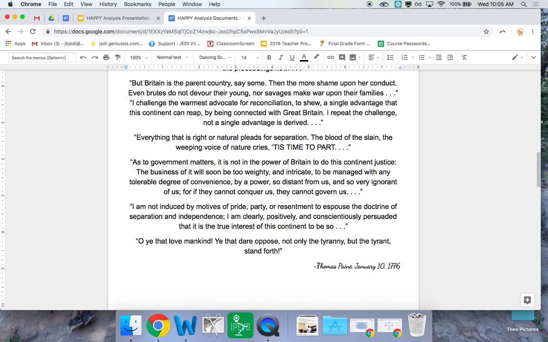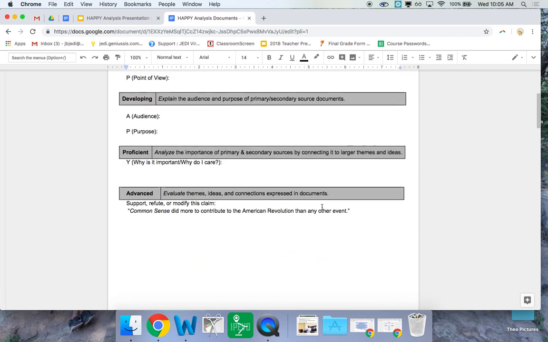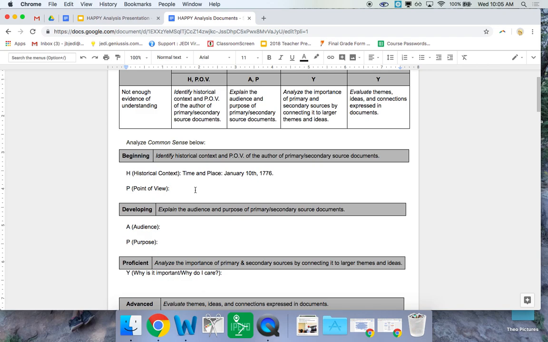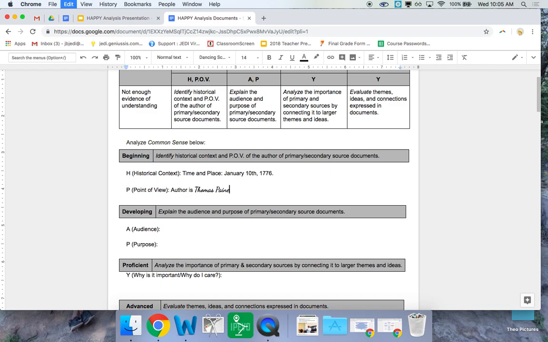I know that he is a patriot in the American Revolution. So I'm going to copy his name up here because the point of view means the author is Thomas Paine. What do I know about Thomas Paine? He is a patriot in the American colonies. So that's going to help me up here.